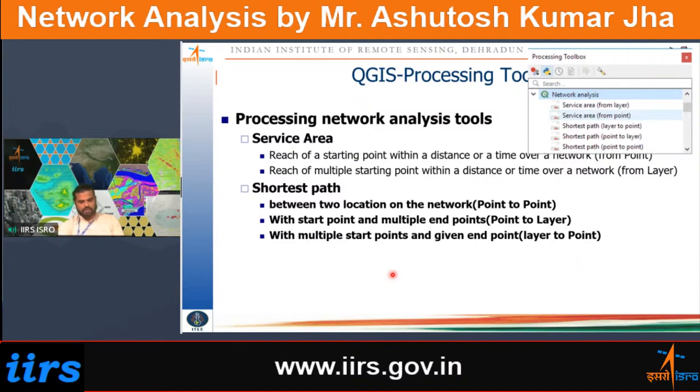And if you have multiple starting points and multiple endpoints, then the layer to point option can be applied. So these Prim's, Dijkstra's, all those algorithms have been implemented in this QGIS toolbox to give you the shortest paths between the point and layers.